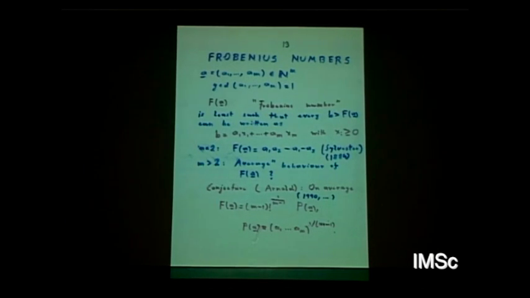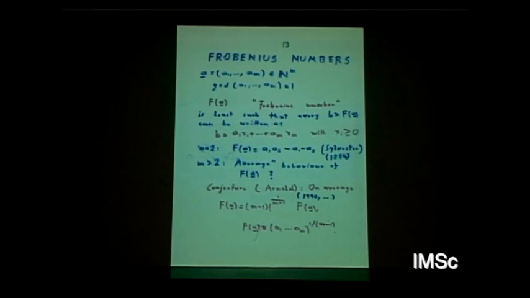For example, when n is 2, there's something due to Sylvester in 1884. Well, it's an explicit expression. I think this was maybe a little exercise for him. Now, when n is bigger than 2, there does not seem to be a closed formula for this thing.